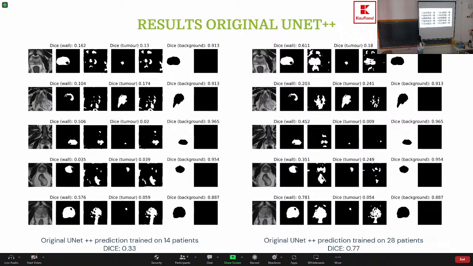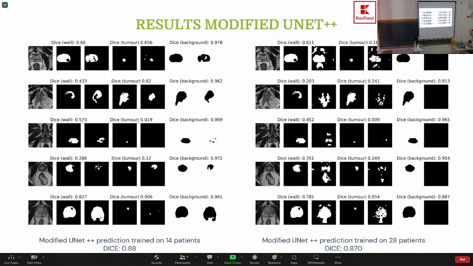And the UNet++, it didn't give very good results at first for 40 patients, and for 28, it was a little better. The results are really contained and are very good. Now for the modified ones, the dice received the best of 0.88 for 14 patients, and the results are pretty good. And the train on 28 patients, 0.870.